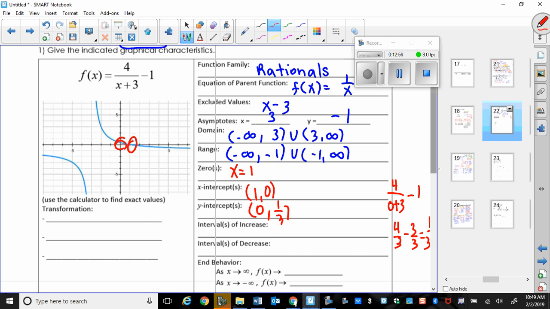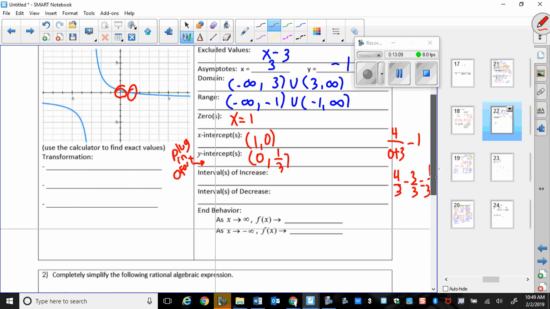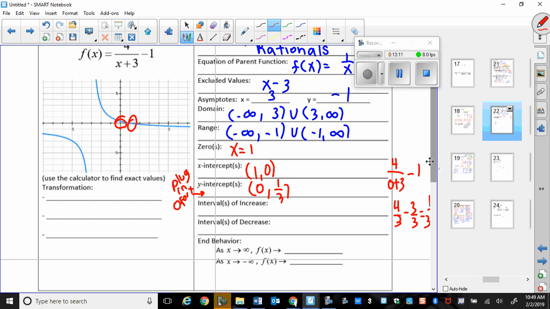So make a little note, plug in 0 for x to get the y-intercept, okay? And simplify. Intervals of increasing, it's never increasing. The y values are always decreasing from left to right. So I'm just going to repeat the domain. So it's never increasing.